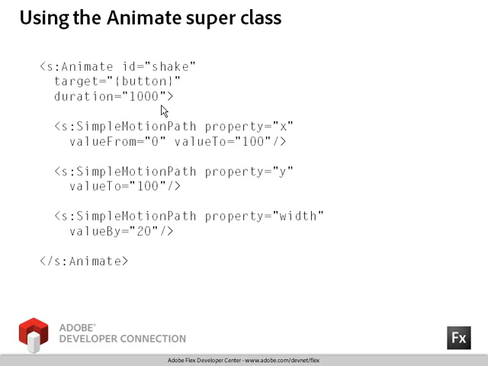Nested within the Animate instance, you create simple motion path objects for each property that you want to animate. For each property, you define the starting and ending values or an increment of change, as seen here with the value by setting of the width property.